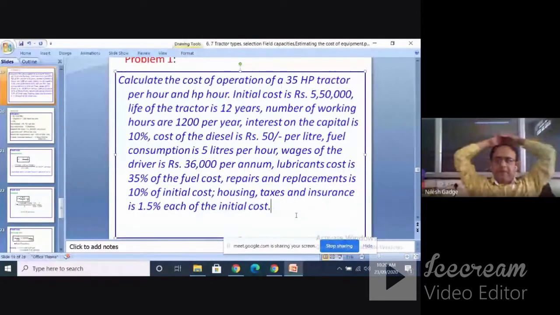Calculate the cost of operation of a 35 HP tractor per hour, also in HP hour. Initial cost of the tractor is 5 lakh.